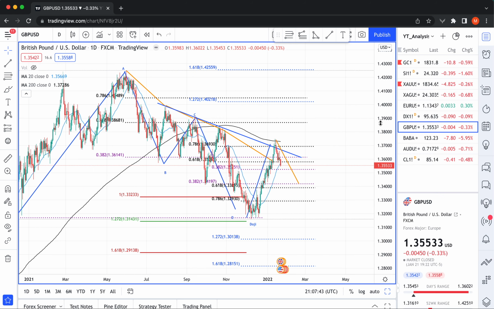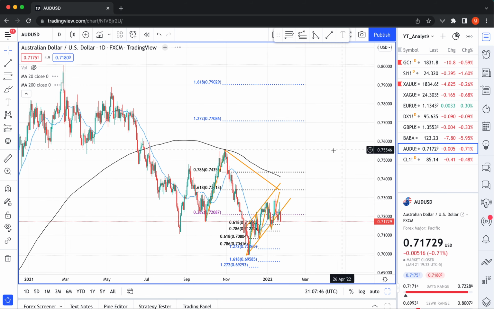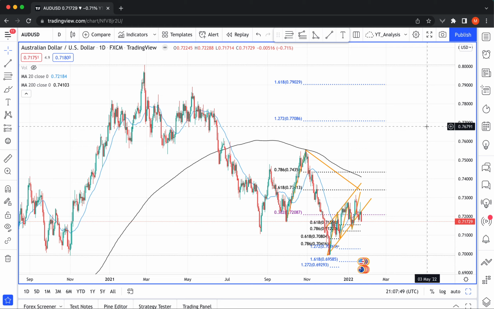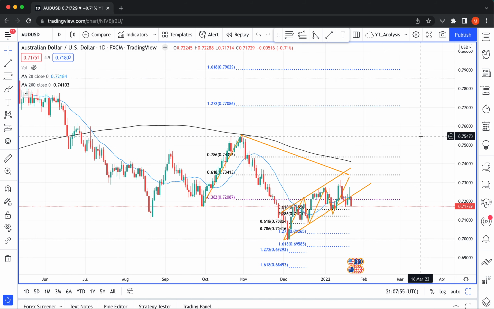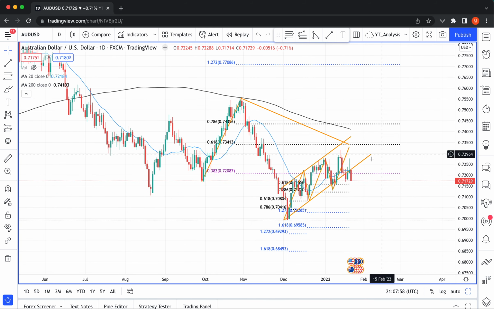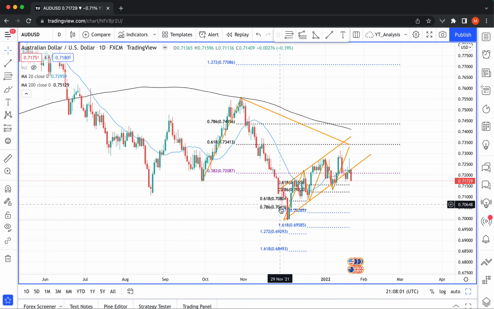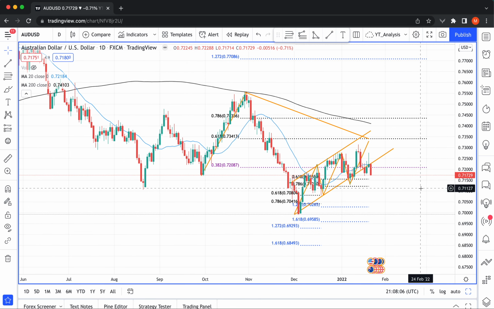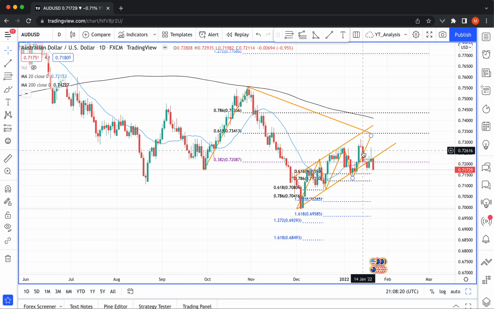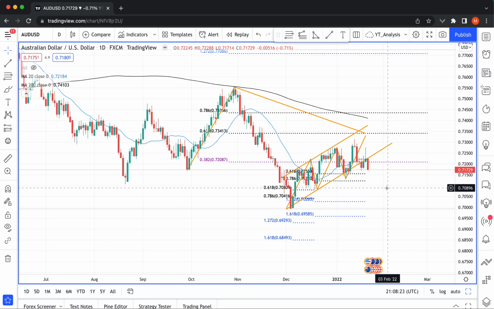Okay, that's good. And let's take a look at the Australian dollar. So in the previous video, which we had done about a week ago, or maybe a little bit more than a week ago, we were looking at several ABCD patterns for this, and it looked like this currency pair was in a corrective move, and it missed this 61.8% retracement level by about 15 pips or so, and this is where the ABCD was very close to it as well, and it rotated lower.